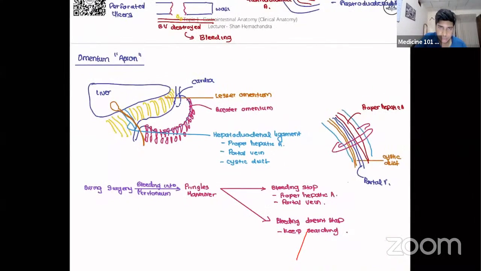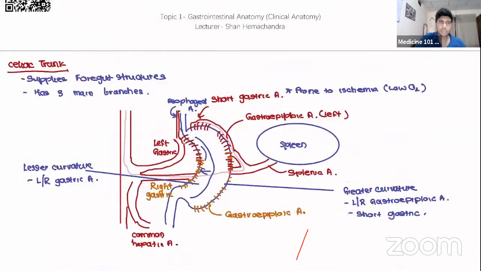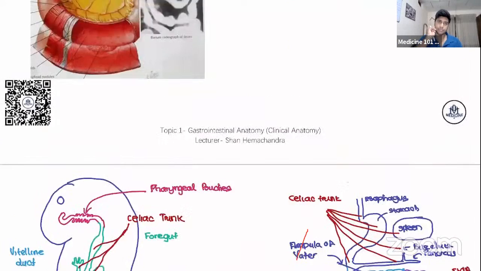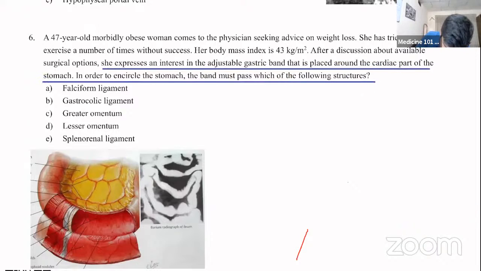Let's go and take a look at this case. This is the question. People from my university, this is a typical way they will ask a question for anatomy. They will give you a case about a person and then put the anatomy part.